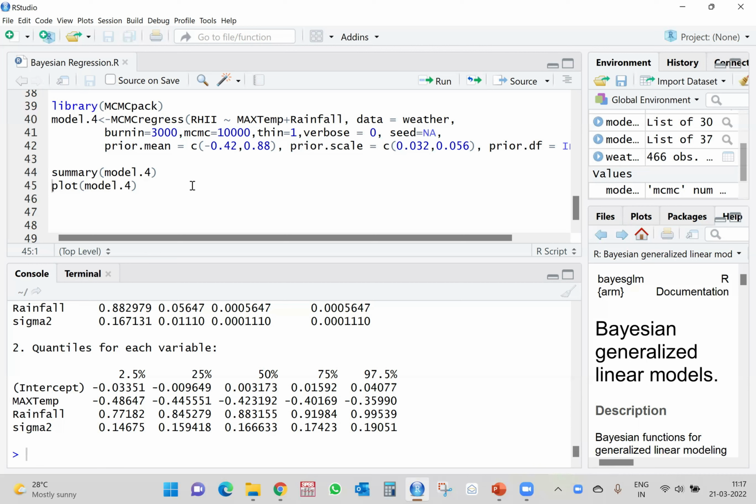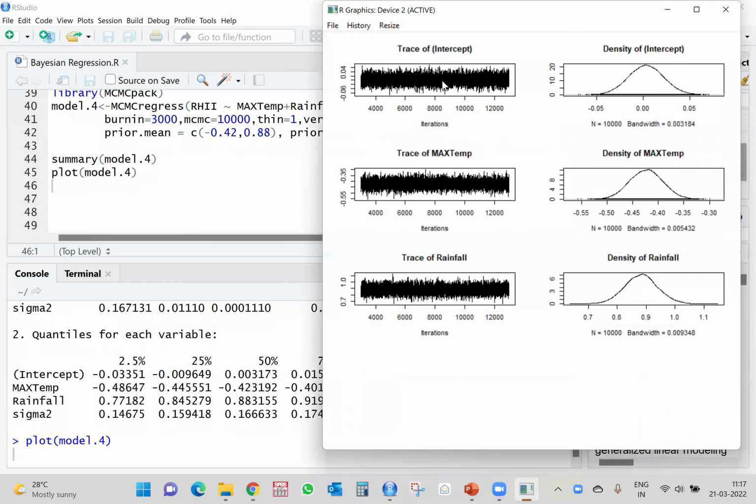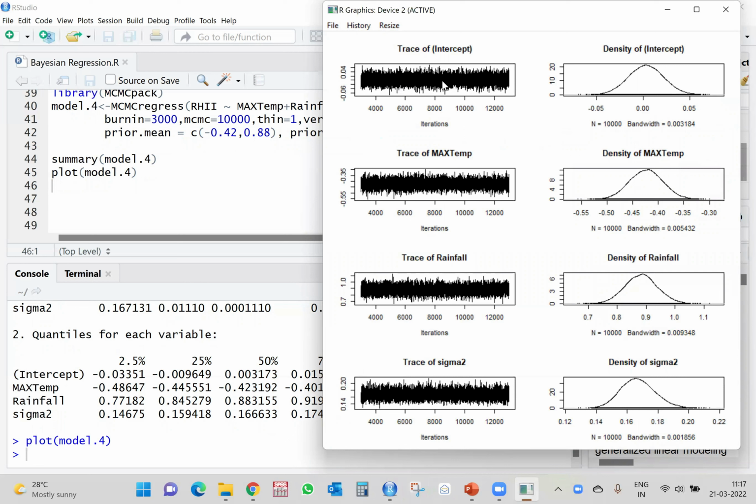The final test is we could just plot the posterior distribution for each of these parameters. Here, the first 3000 values are discarded, so it goes up to the next 10,000 values. These are the actual values plotted for intercept, temperature regression coefficient, rainfall regression coefficient, and residual variance.